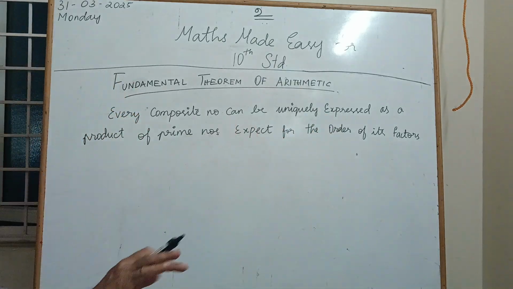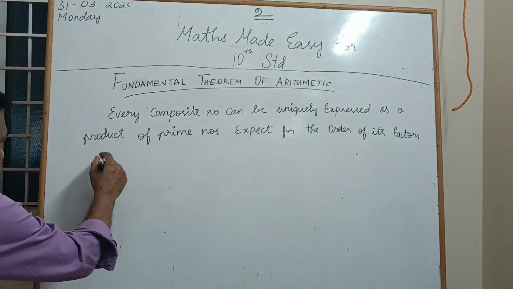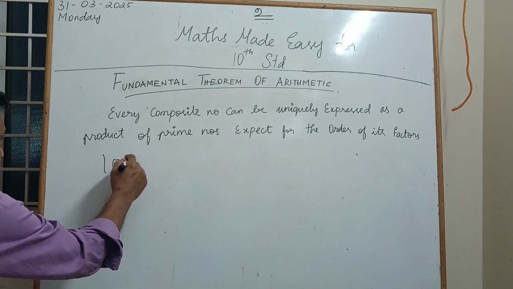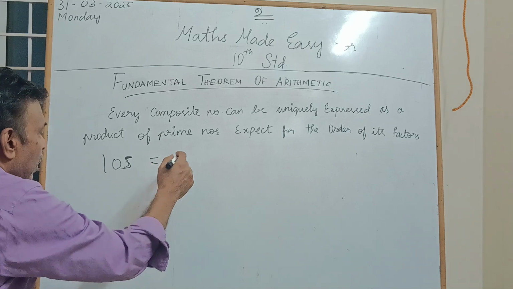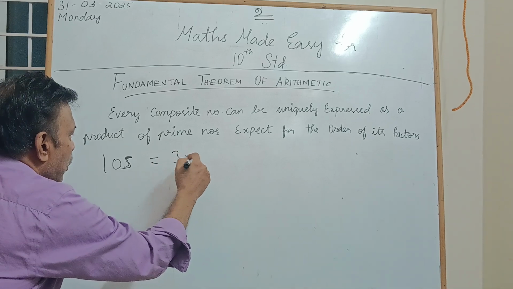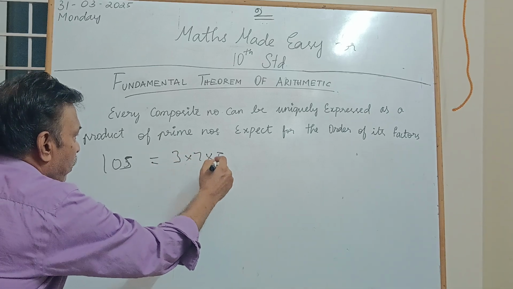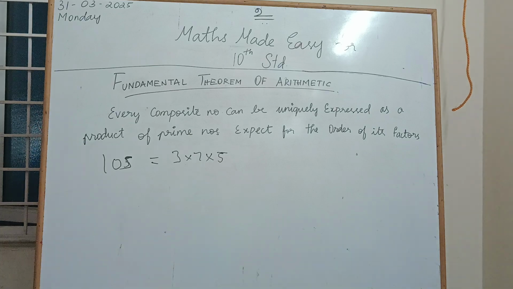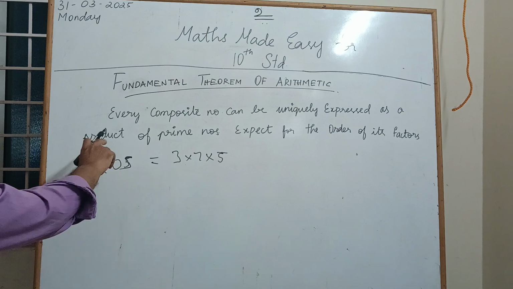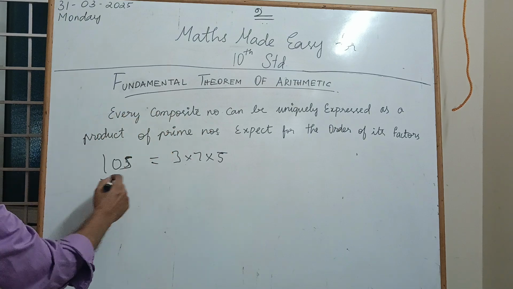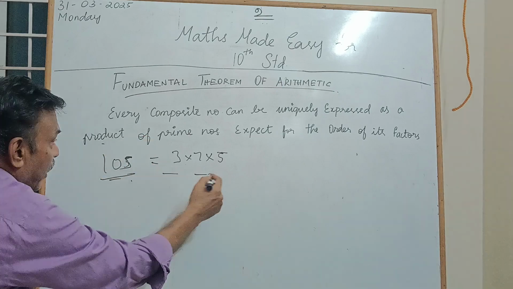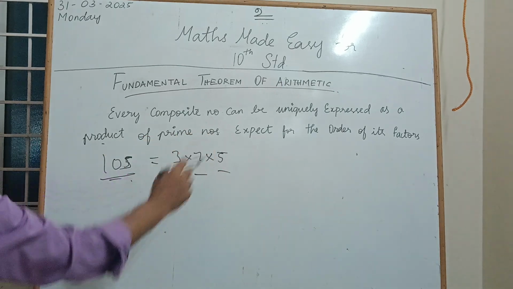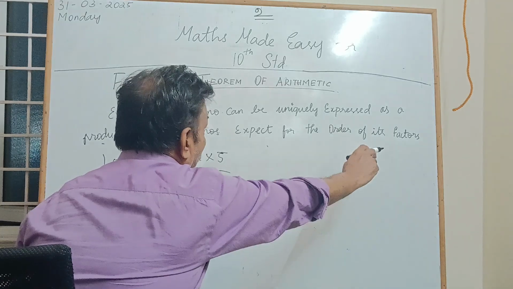What does it mean? Right now, I told you 105 is a composite number. This can be written as 3 into 7 into 5. Are you all right? So that is what it says. Every composite number can be uniquely expressed as a product of prime numbers except for the order of its factors.